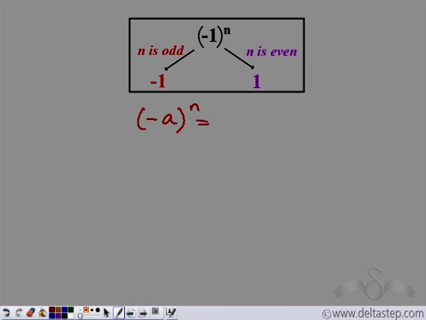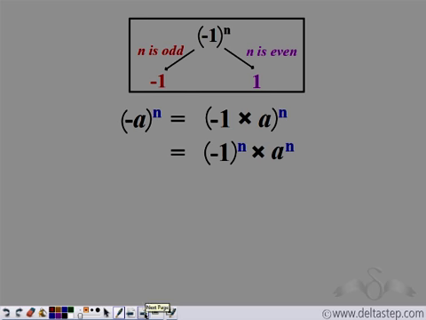Now this can be written as negative 1 into a whole raised to the power n. This is in the form of the product of two numbers raised to the power n. So we can write it as negative 1 to the power n into a to the power n using the law which we have just learned. So this is what we have.